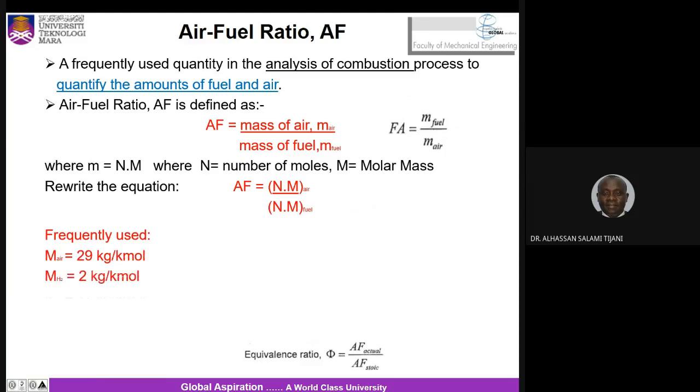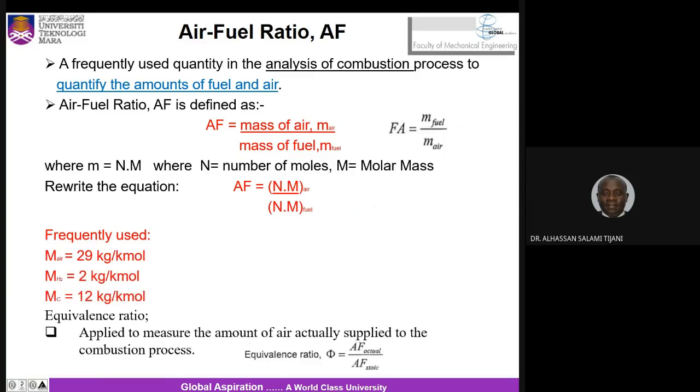So now let us continue with certain basic definitions. Here we have air fuel ratio. Air fuel ratio is defined as the mass of air that is present in a combustion reaction divided by the mass of the fuel. All right.